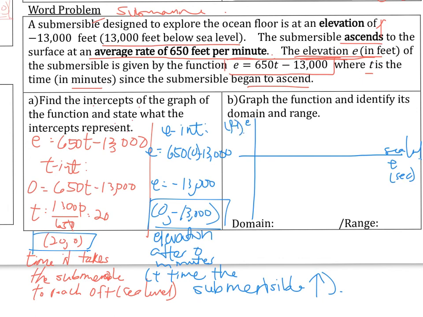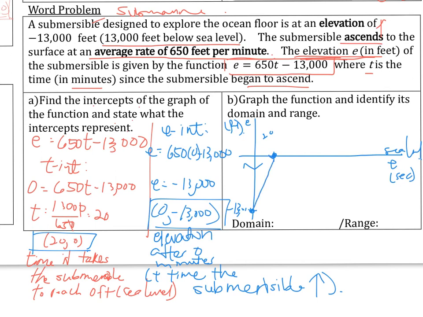And then I'm going to do a cutoff here and just estimate negative 13,000 around this area. And 20, 0 to be around this part of the graph. And I'm going to go ahead and graph.